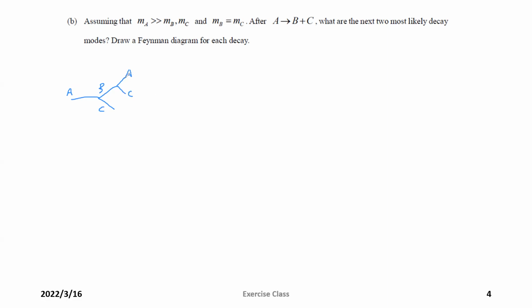But this is not allowed because we have an A in the initial state and also an A in the final state, which is kinematically forbidden. So we have to branch it again.